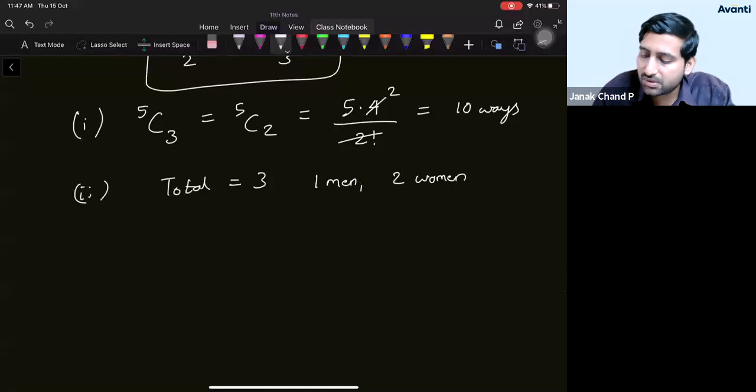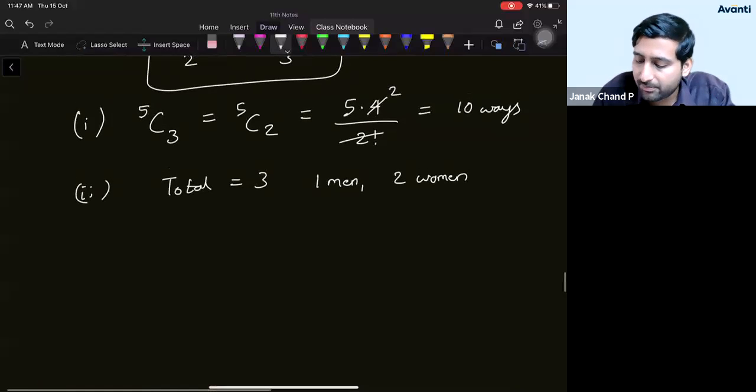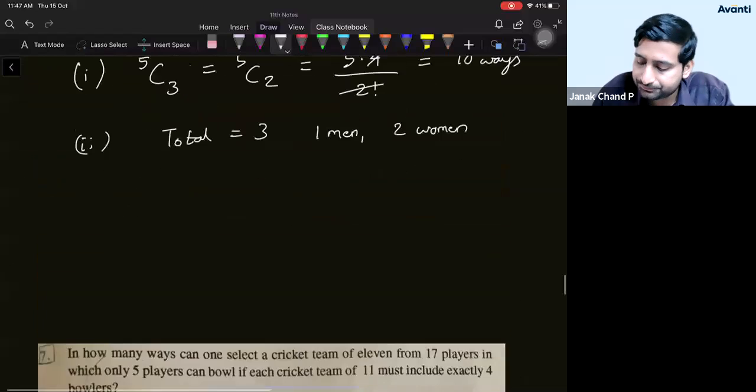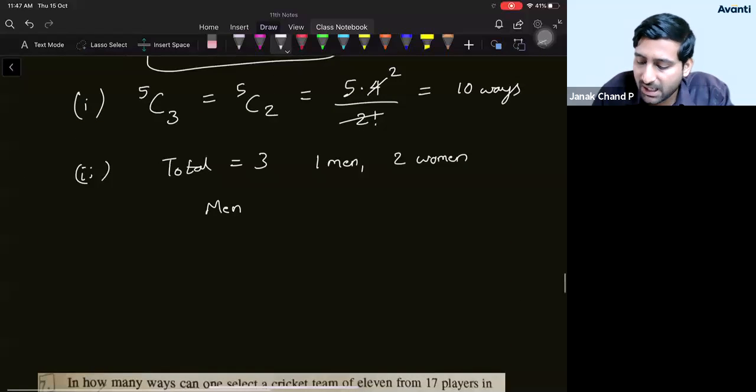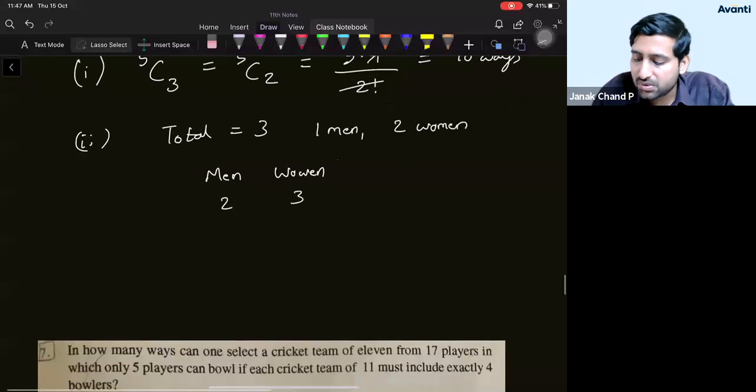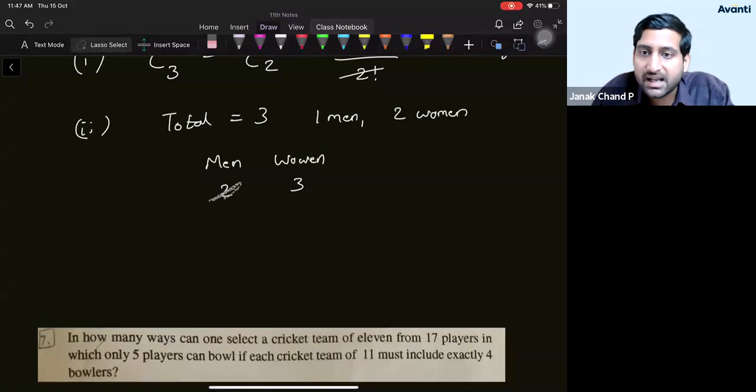Now we know that the total number of men available to us is 2, and the total number of women available to us is 3. The question clearly says I want only 1 man and then 2 women, and the total should be 3. We have 2 men, but I don't want both men. I just want 1 man.